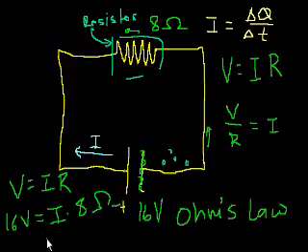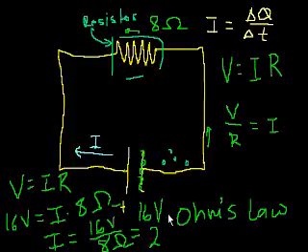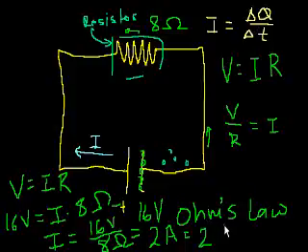So the current is equal to 16 volts divided by 8 ohms, which is equal to 2, and this is 2 amperes, or sometimes they're called amps, and that's the units for current. But as we know, current is the amount of charge per amount of time. So an ampere is just 2 coulombs per second.